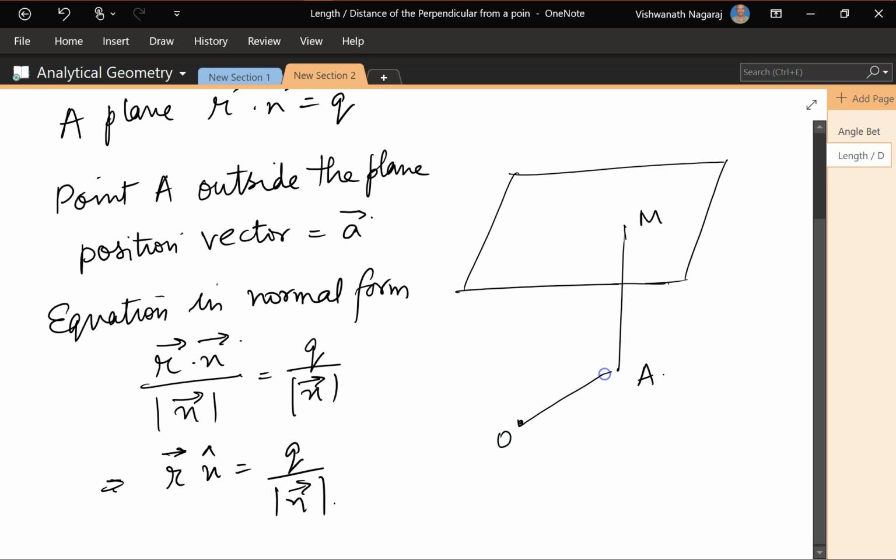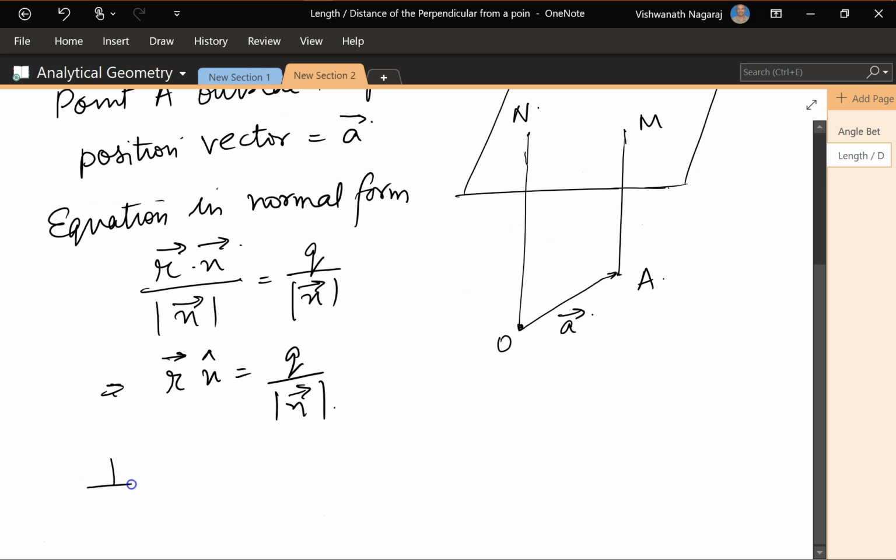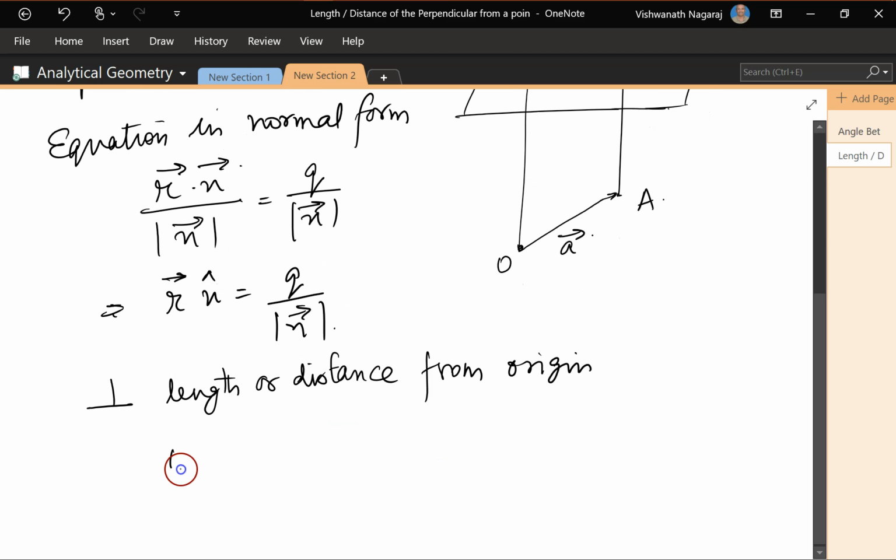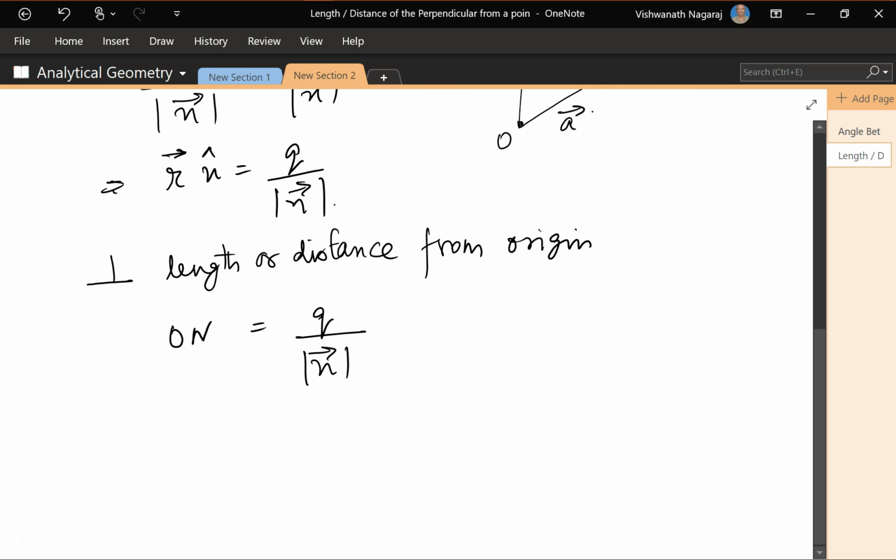The position vector of this point would be A. Now the distance of this plane from the origin, we have already done the derivations. So let's say this is N, the perpendicular length or distance from the origin, ON, which is q by magnitude of n.